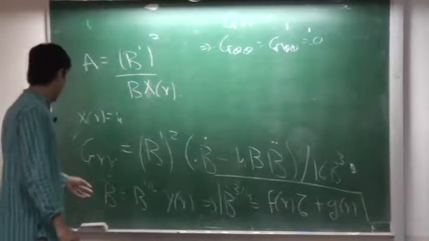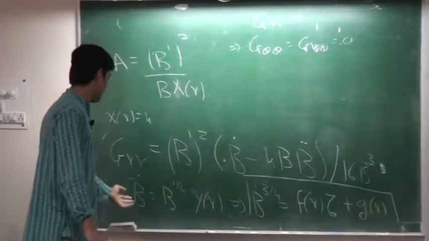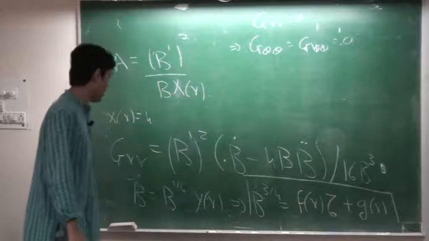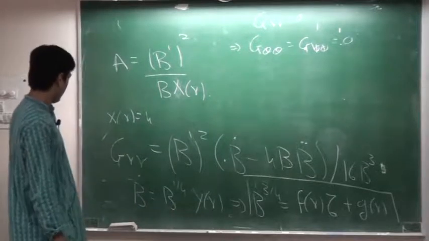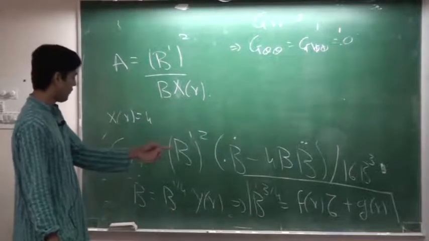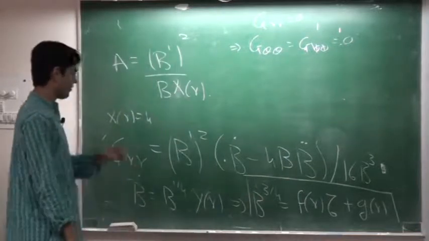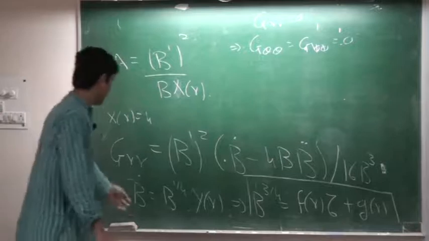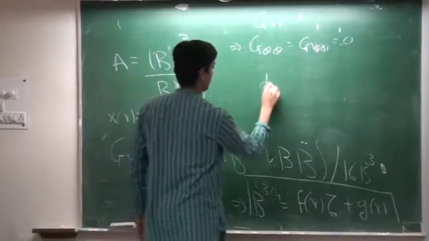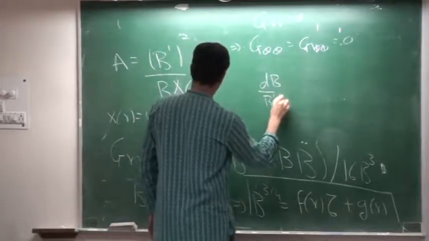So it tells you that dB by this is equal to Y of r into d tau. Actually, Y here may be the same as F. So this Y may be the same as this F. Maybe there's a factor of 1 by 4 or something, which you just integrate. So it's just dB by B to the 1 by 4.